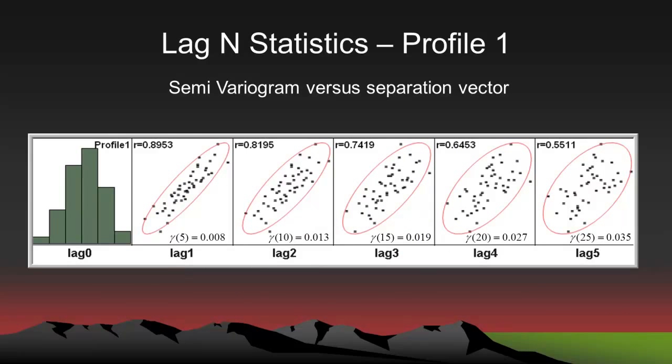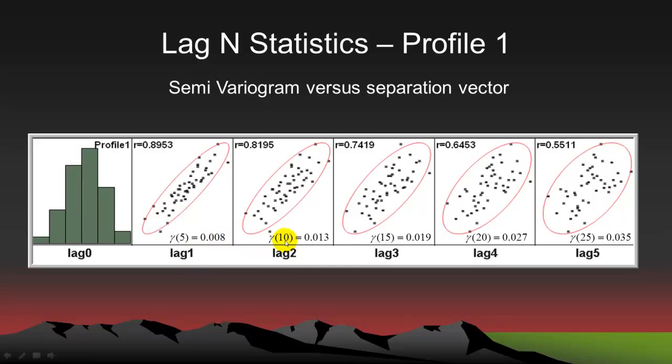Let's take that definition of the semi-variogram and apply it to the 5 lag statistics that we had in profile 1. So we're looking at the semi-variogram versus the separation vector, and remember we had correlation coefficients of 0.89, 0.81. These were decreasing, correct? In the bottom here we have the variogram as a function of the separation vector 5. Remember lag 1 was samples that are separated by 5 meters. 0.008 is the semi-variogram value.